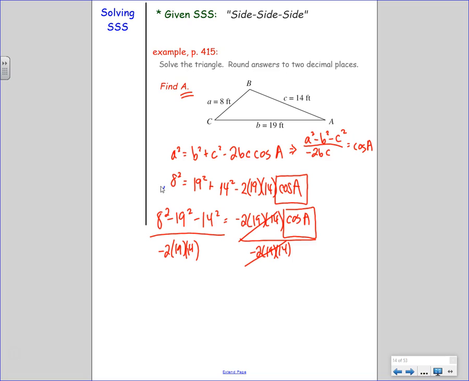It says, ew, a negative, that's gross. Let's multiply top and bottom by a negative 1 so that all the signs look prettier. That's what the rearrangement does. The c squared would be plus. So then a negative times a negative: a would be negative, b would be positive, c would be positive.